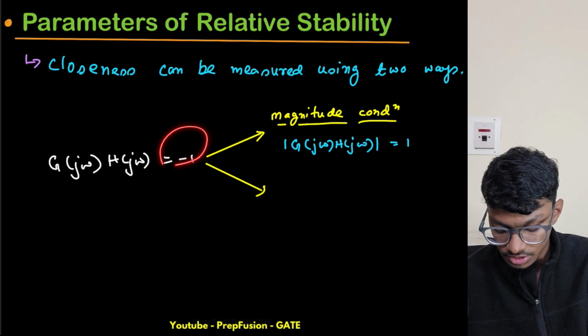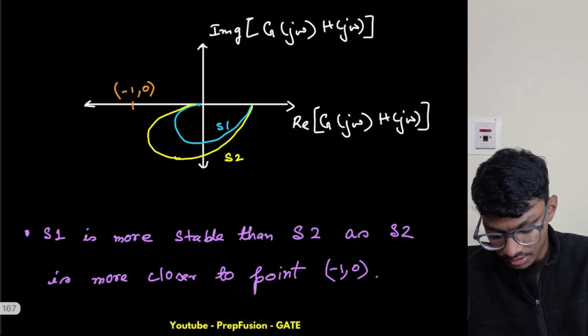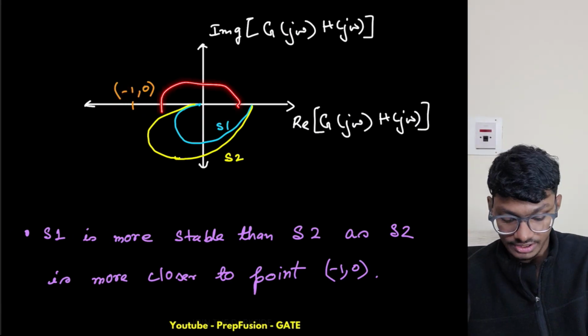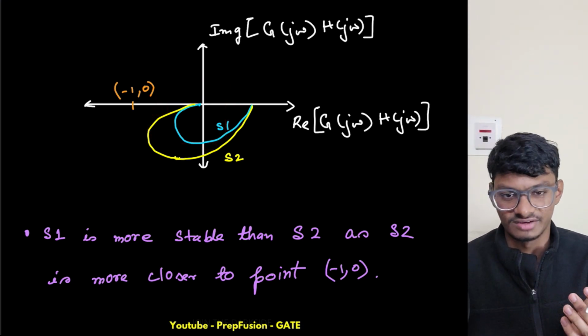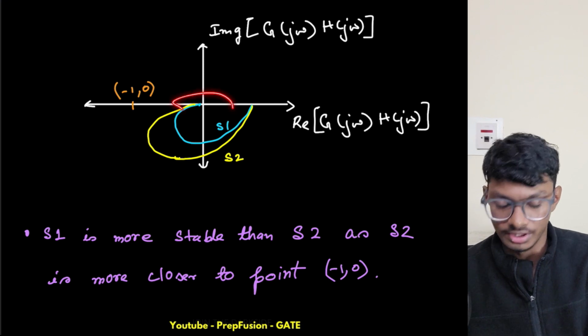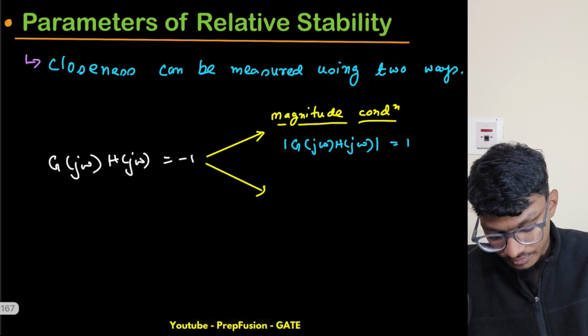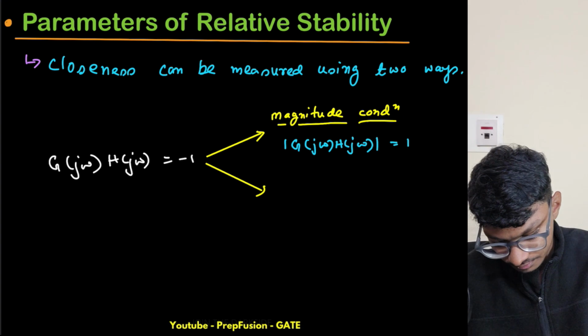And what is the angle condition? This is -1, so where is this point? It is lying around here. What is the angle from the positive real axis? It is 180, or you can say -180. Generally we write -180, that is the convention; it is the same, it doesn't matter. So what is my angle condition?